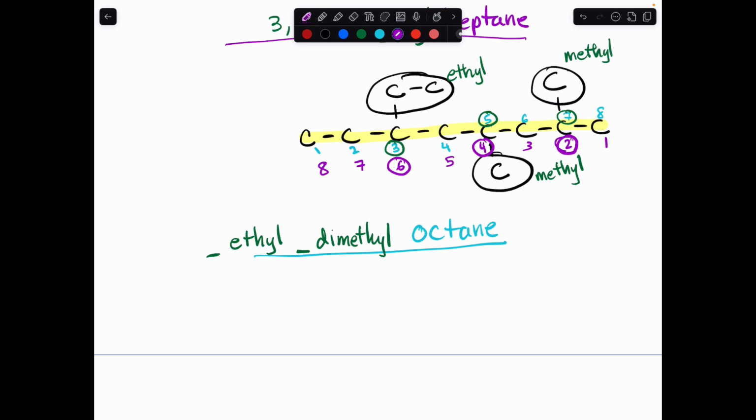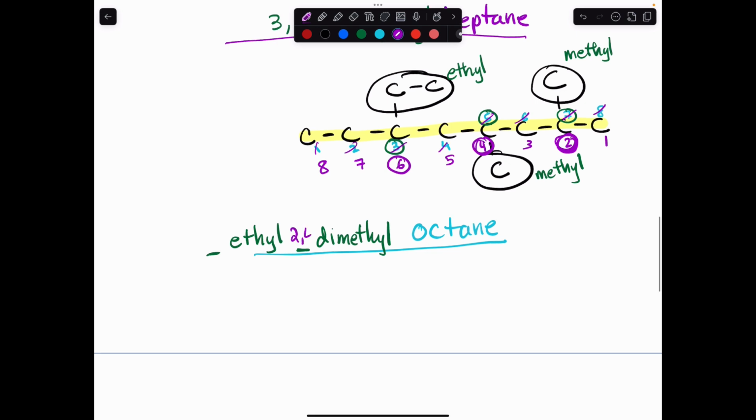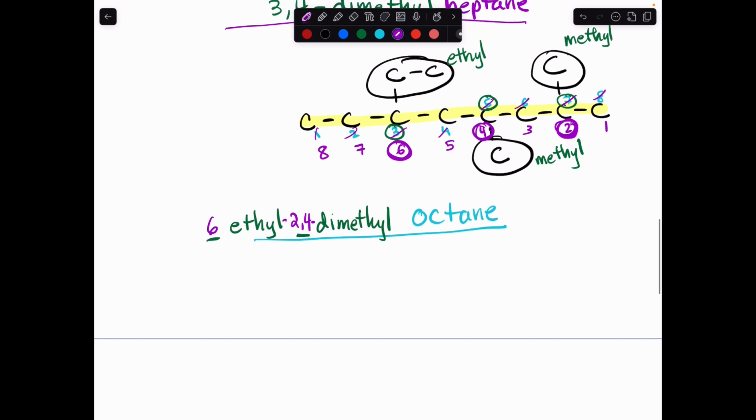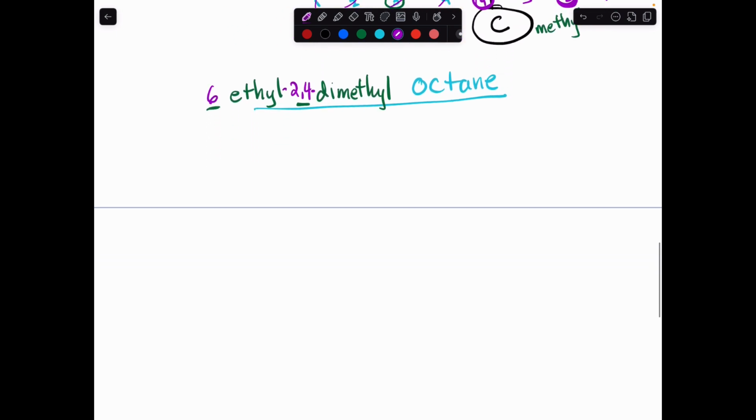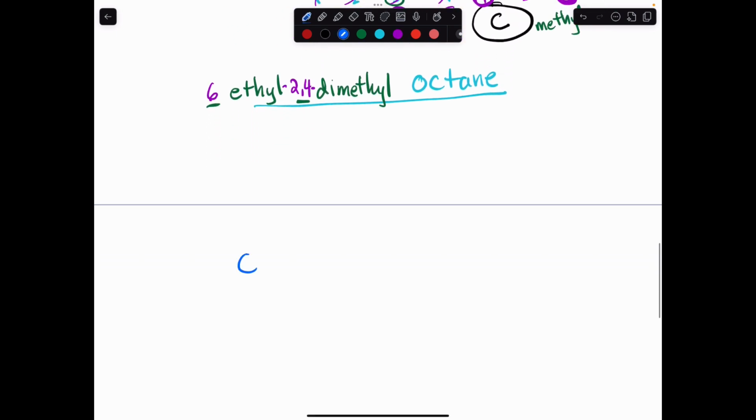So the dimethyl is in the 2 and the 4 position. So this is a 2,4 dimethyl. And the ethyl is in the 6 position. 6-ethyl, 2,4 dimethyl octane.